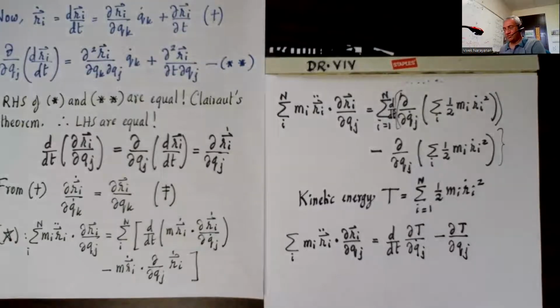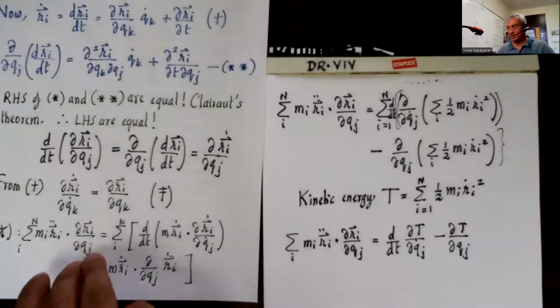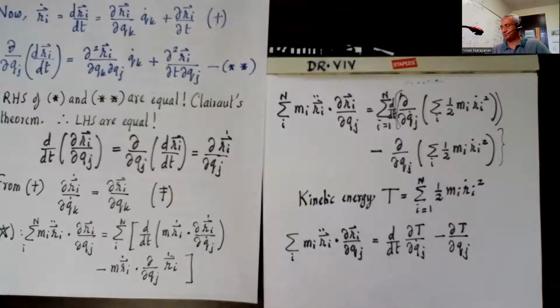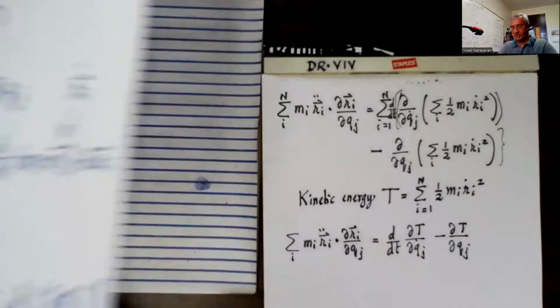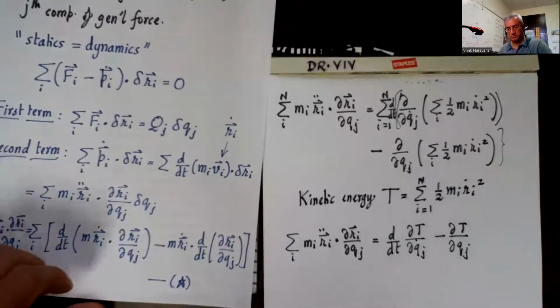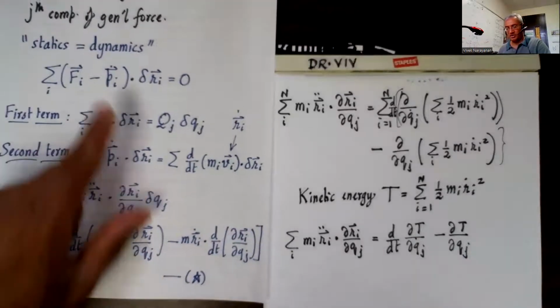All right, so that's looking a lot like Euler-Lagrange already. So now what we're going to do is put this back in D'Alembert's principle. So this is the principle we indicated over here. It is that one.